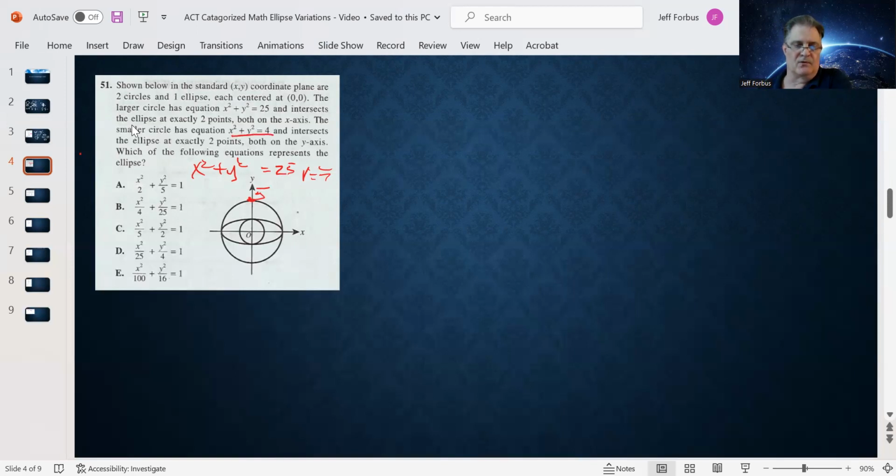So the small circle radius is going to be a 2. Now, it goes on and says, which of the following equations represents the ellipse? So we know right here is the radius of the large one, that's a 5. And we know right here is the radius of the small one, that's a 2.